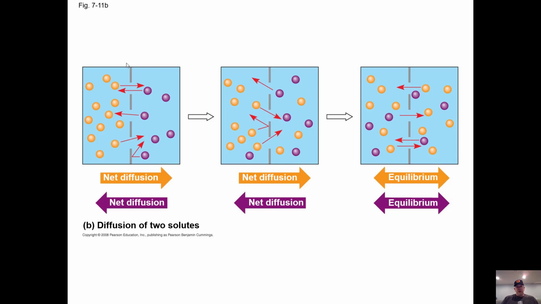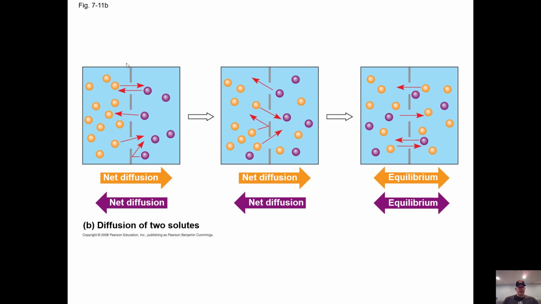What's interesting in this case is that you've got two different materials that both start in high concentration, and they don't affect each other when they're diffusing. So the green stuff on the left is not affecting the, I think it's purple or blue, on the right. It doesn't matter. They're still going to make it through that membrane and reach equilibrium.